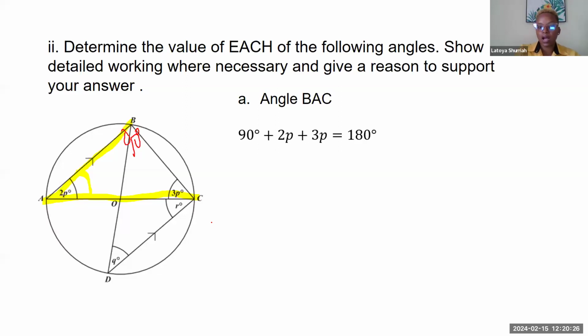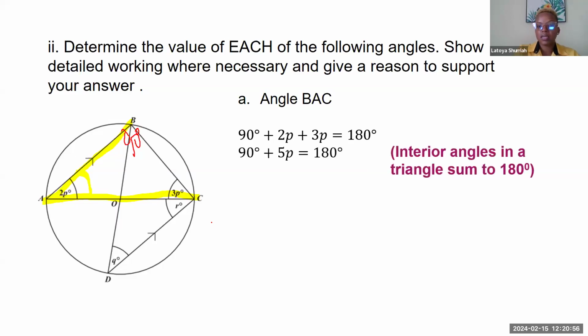And that's what we did. Angle 2p plus the 90 degrees plus angle 3p is equal to 180 degrees. That should be clear. Then the next thing we're going to do, and you don't have to do it in this order, but based on what I have written on my screen, I grouped my like terms and simplified. So 2p plus 3p, that is 5p's. Not 5p squared, but 5p.